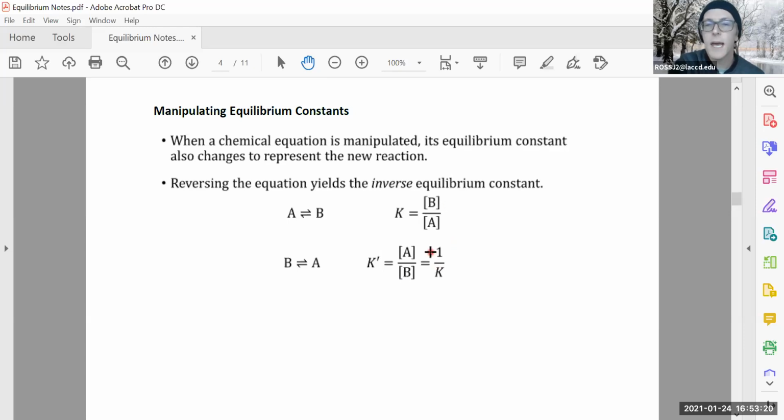So we don't take the negative, because as you look here, the equilibrium expression is a fraction. So when you reverse a fraction, you take the inverse. So the reverse reaction's equilibrium constant and the initial reaction's equilibrium constant are inversely related. Okay, so that's an important relationship.